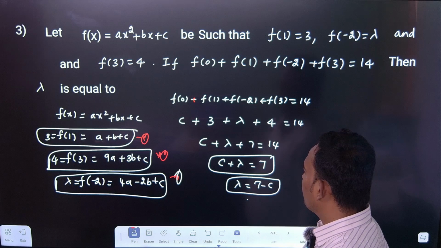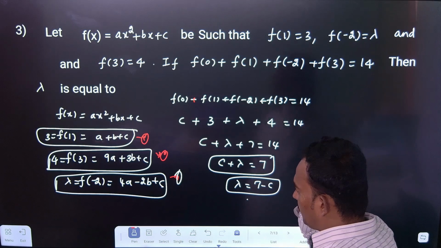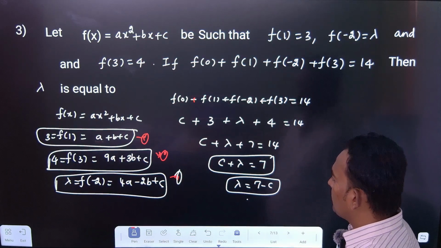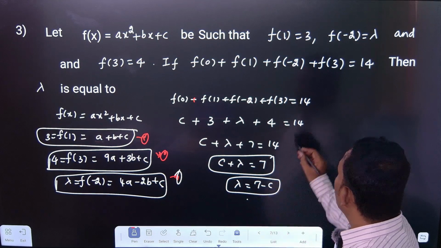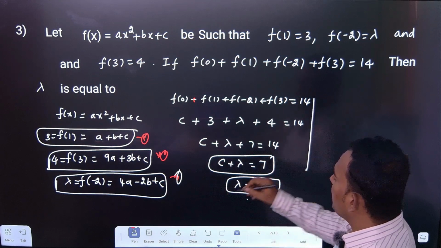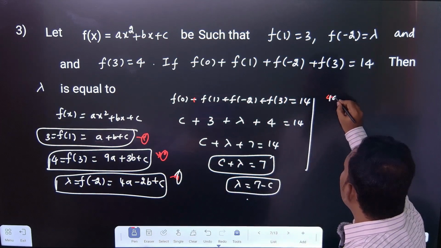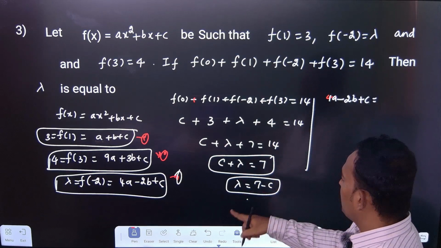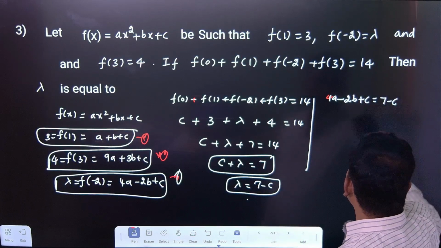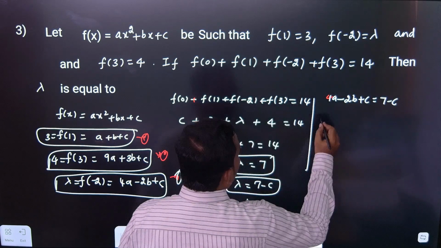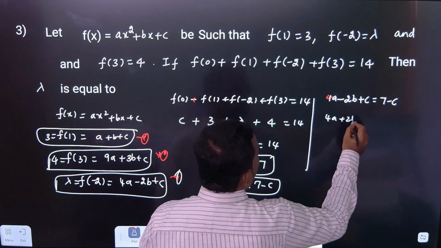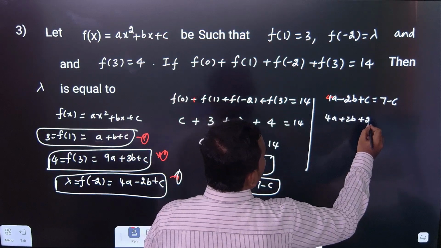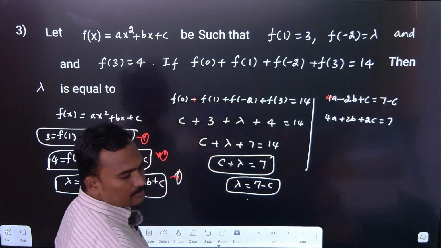So what can we do here, tell me student. You can see the third equation: 4a minus 2b plus c is equal to lambda. What is lambda? 7 minus c. So from this, 4a minus 2b plus 2c is equal to 7 we can write.